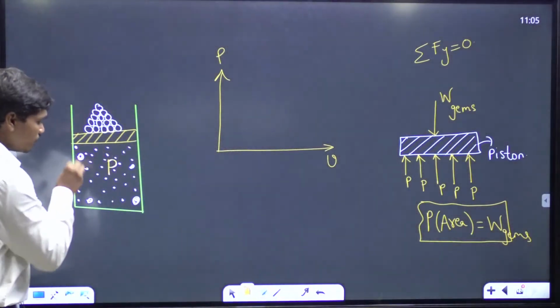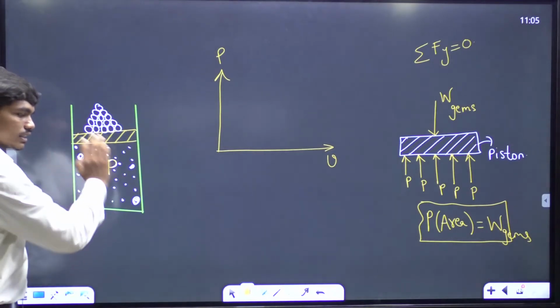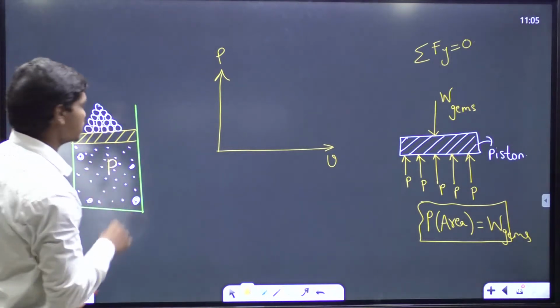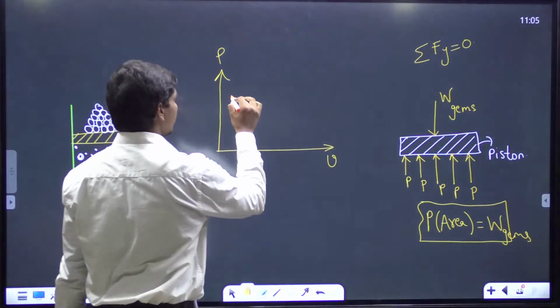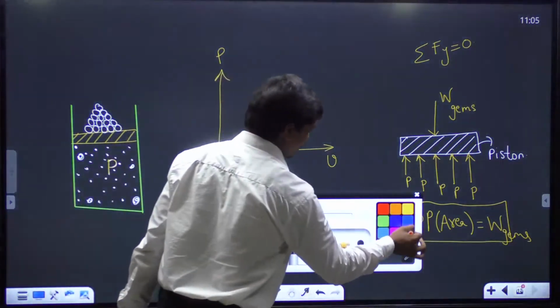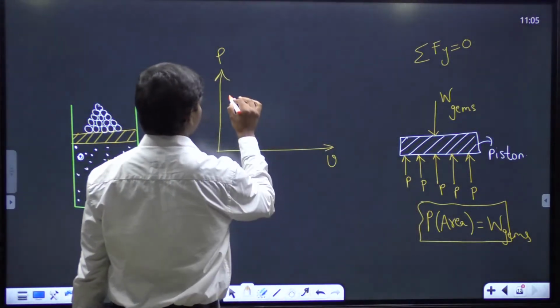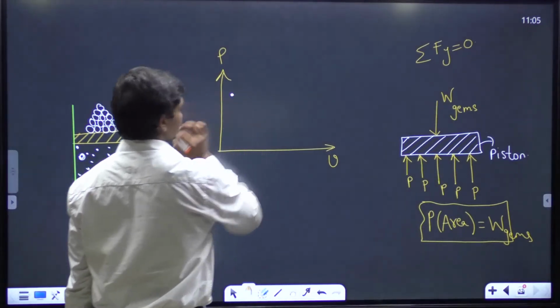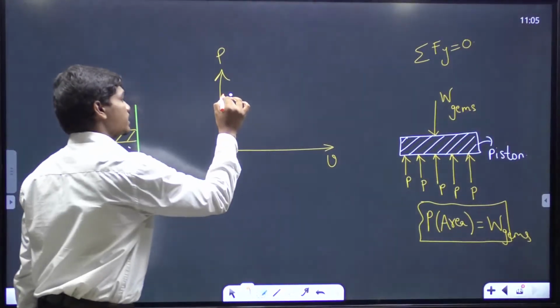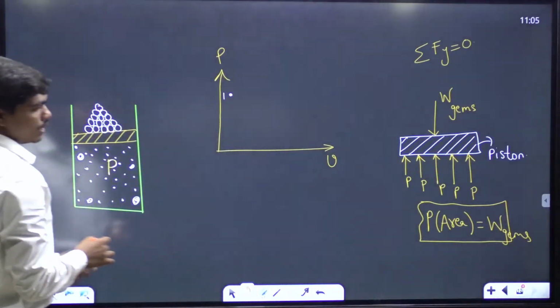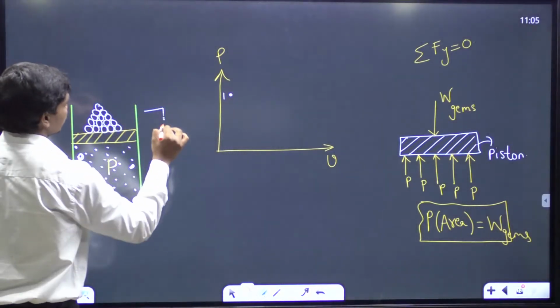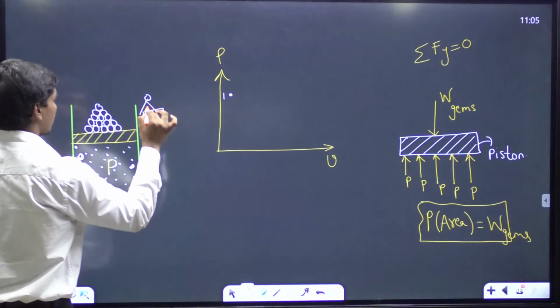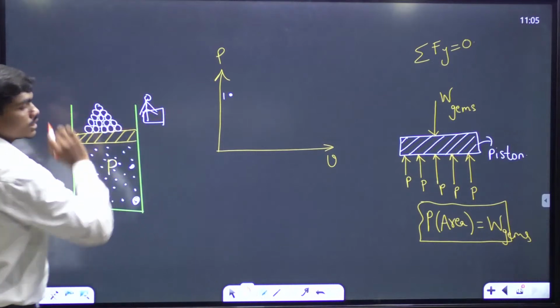So pressure is uniformly transmitted throughout this gas, and this whole gas is assumed to be at some pressure and at some volume. So definitely you will get the state of the gas somewhere here. Okay, this is the initial state or first state. Now, let us suppose you are sitting here on a table comfortably and you are eating these jumps.